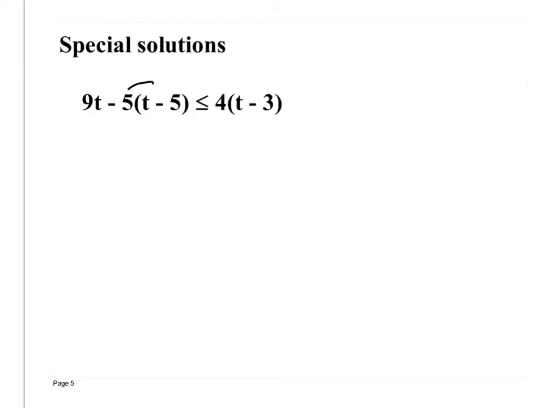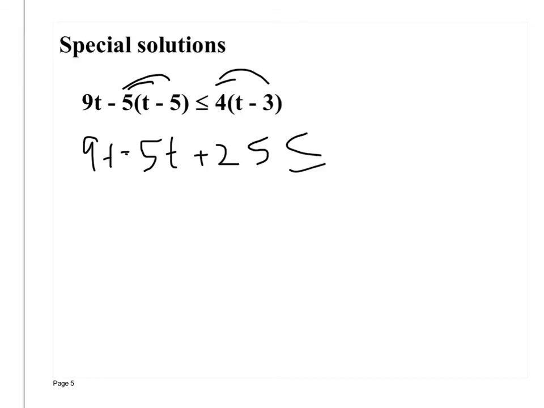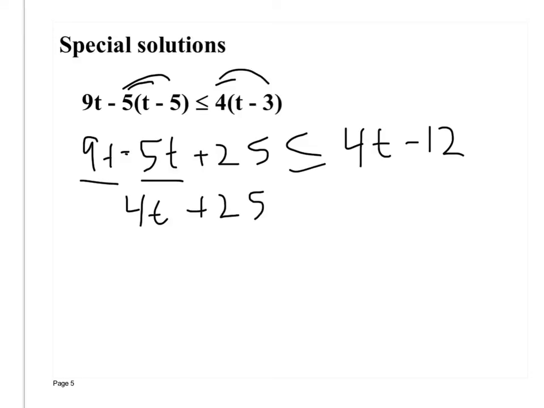First thing you got to do is distribute. So we have 9t minus 5t plus 25 is less than or equal to 4t minus 12. You combine your like terms. We have 9t minus 5t gives me 4t. Plus 25 is less than or equal to 4t minus 12.